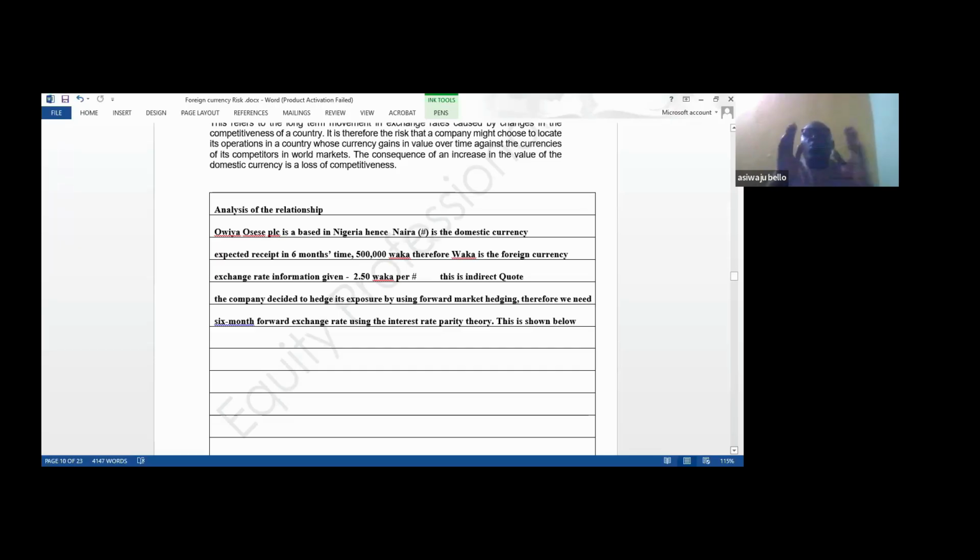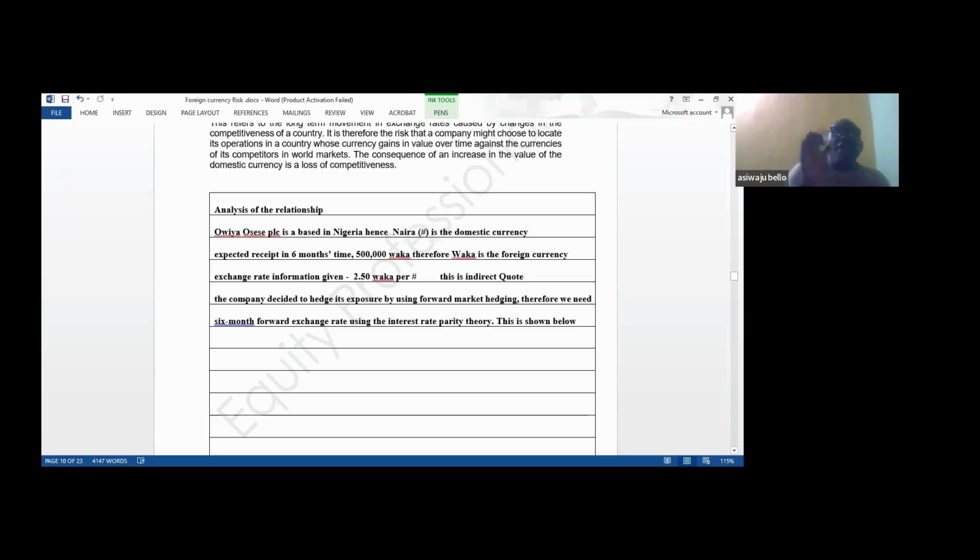This company is expected to receive in 6 months' time 500,000 waka. Therefore, waka is the foreign currency.